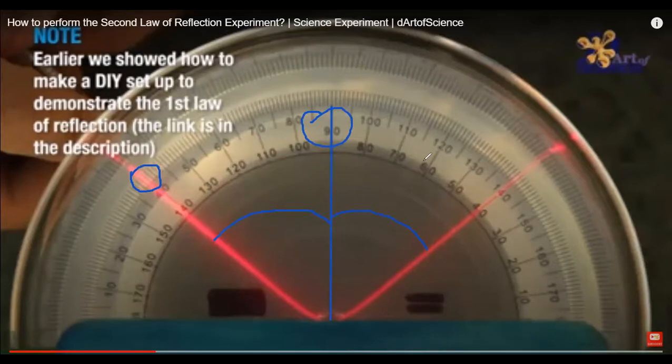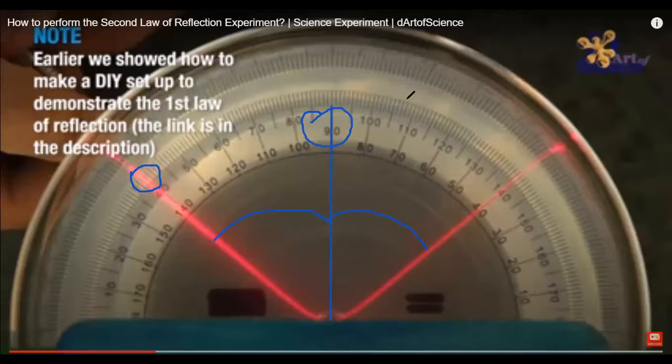Right side angle. So experimentally, I have showed you angle of incidence and angle of reflection are equal.